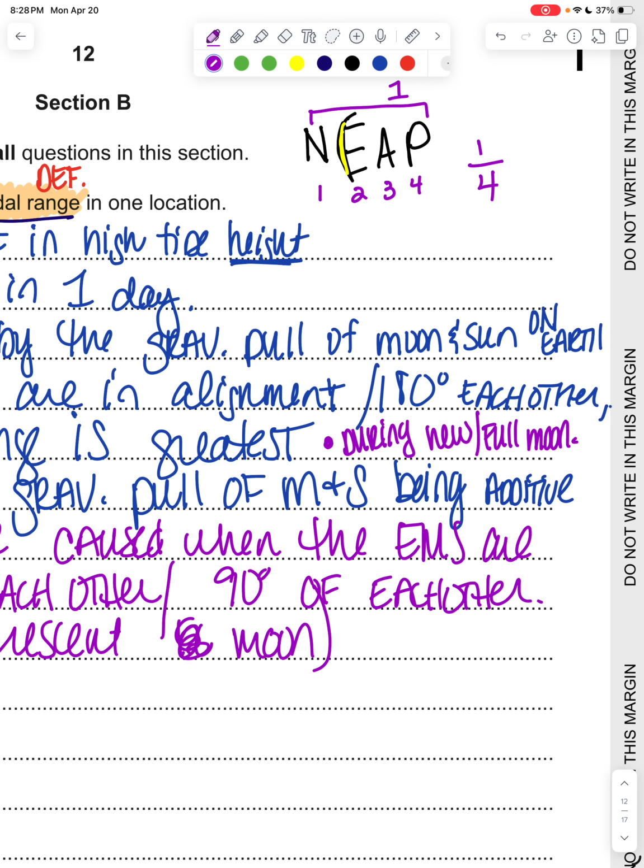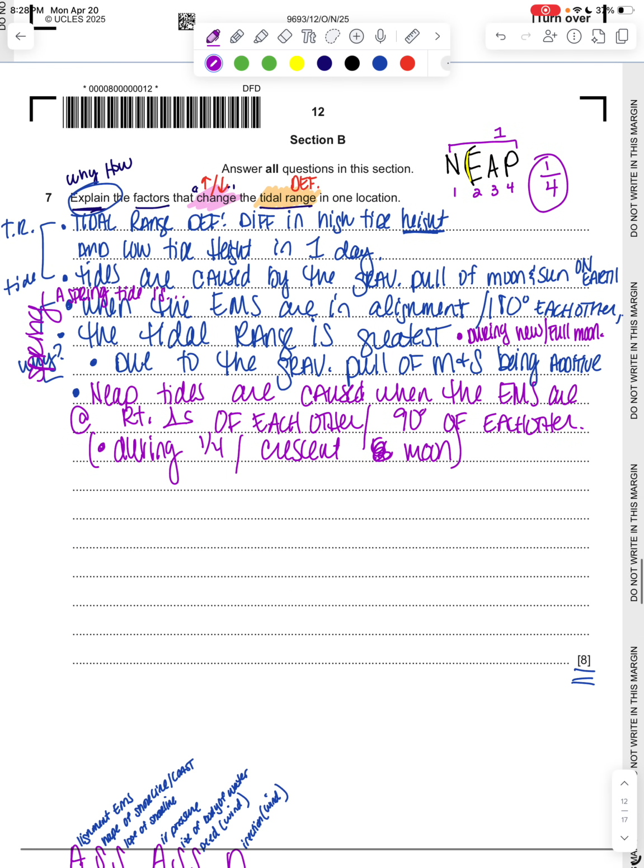So in one word, we have 4 letters. Quarter moons. Quarter moons give us a neap tide. Okay, almost on the neap tide: caused when the Earth, Moon, and Sun are at 90-degree angles of each other, or right angles, during quarter or crescent moon.